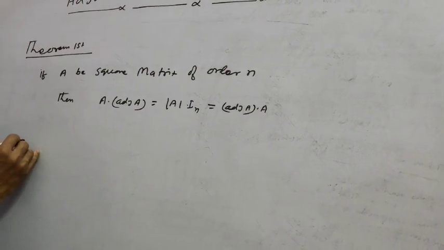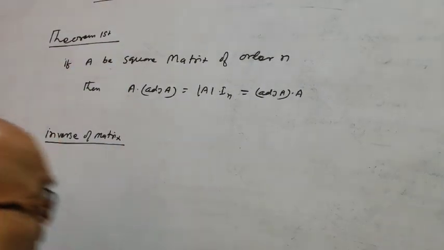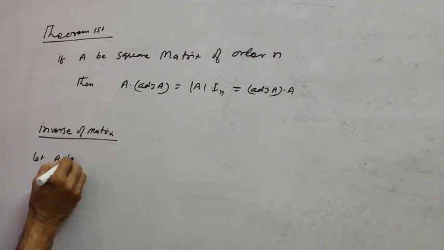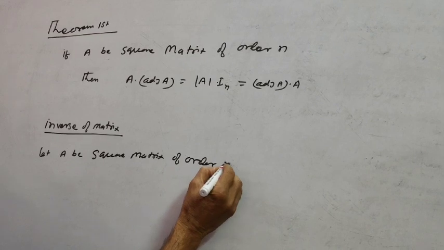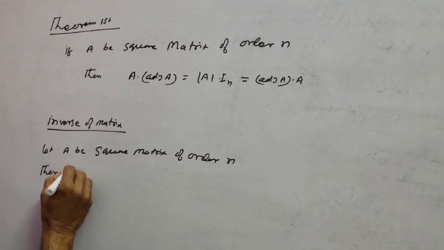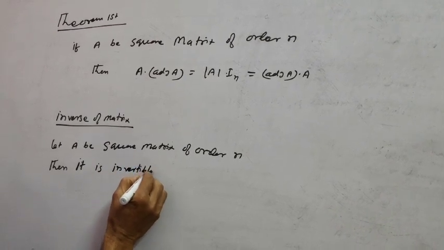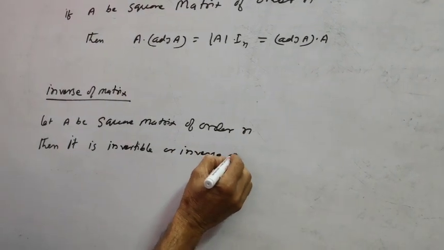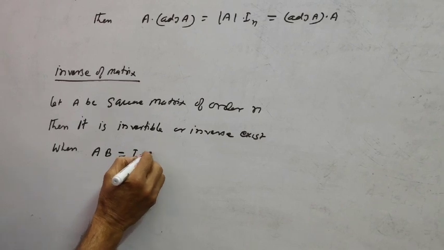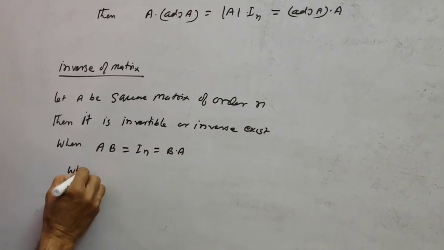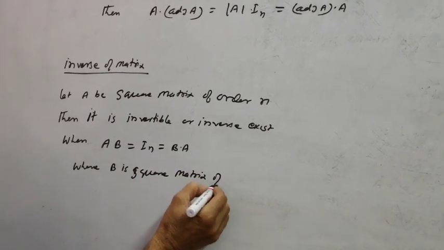Now, inverse of a matrix. Let A be a square matrix of order n, then it is invertible, or the inverse exists, when A into B equals In, or this equals B into A, where B is a square matrix of the same order.